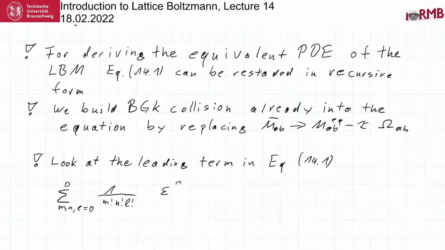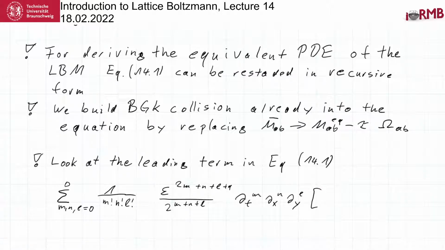And this is epsilon to the power of 2m plus n plus L plus Q divided by 2m plus n plus L, which of course will now all be 0. Also all the time derivatives and space derivatives will all be 0.